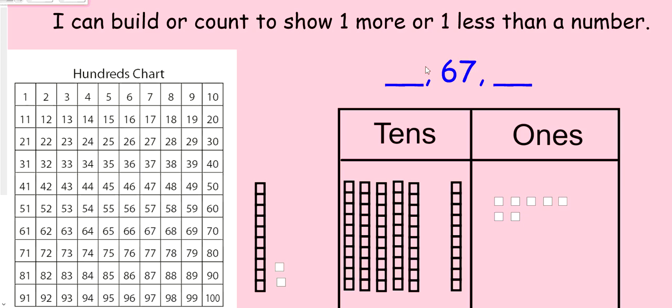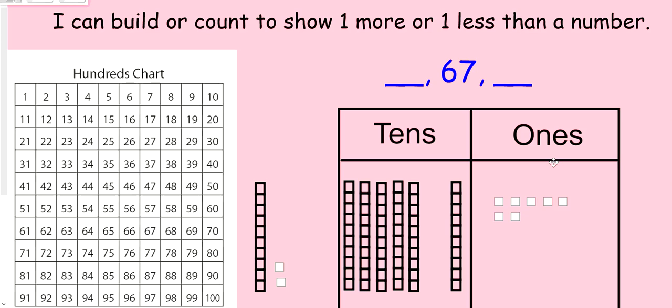Let's look at the number here first. We can think about this as one more or one less than 67. One less than 67. The number that comes before would be one less. If I want to show on my board one less, am I going to be changing tens or ones?